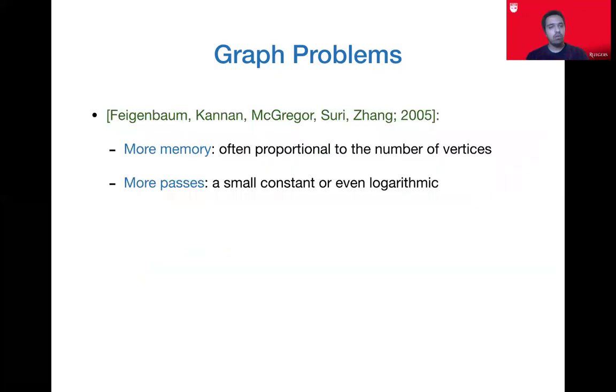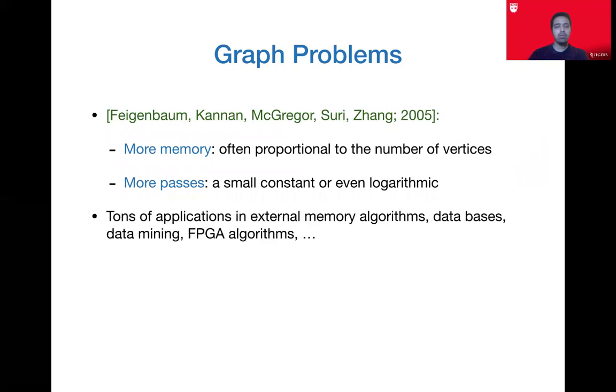Based on this observation, Feigenbaum et al. introduced the graph streaming model, by saying: let's allow the algorithms more memory, often proportional to the number of vertices, called semi-streaming algorithms, and also more passes if necessary, maybe a constant or sometimes even a logarithmic number of passes. Based on this, there are tons and tons of graph streaming algorithms now, and there are also lots of applications of these algorithms, in particular because they are very I/O efficient.